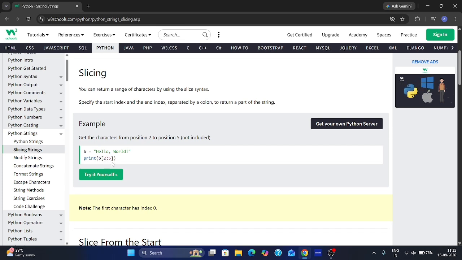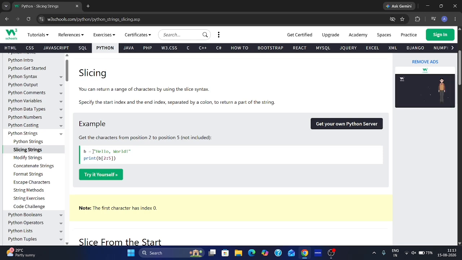This means 2 to 5 means from index 2 to index 5, but by default 5 is not included. So how can you do this example? Let's see. p is equal to "Hello, World". Print p[2:5].